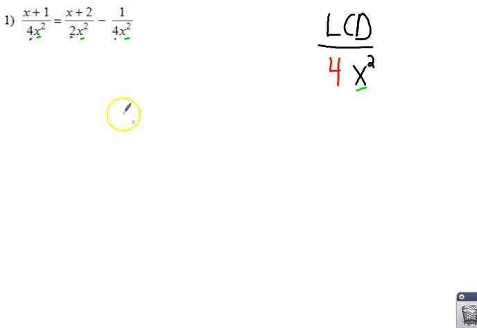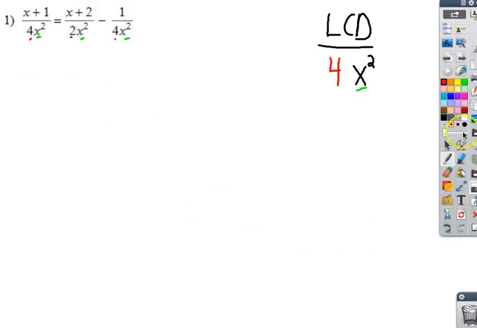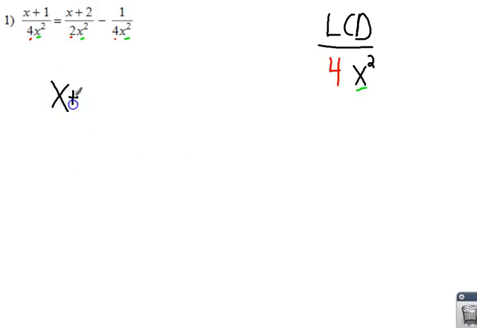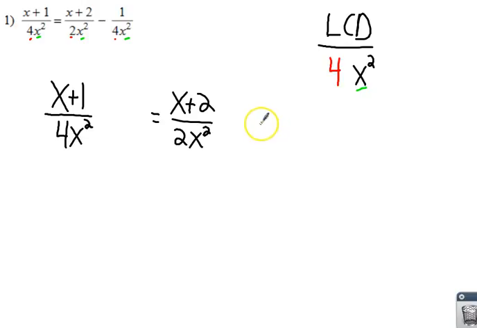Now what I'm going to do is multiply every single term in this particular fraction by that 4x squared, just to the numerator, because sharing is caring. Thank you, imaginary voice in my head. So we are going to do that. Every single term gets it.